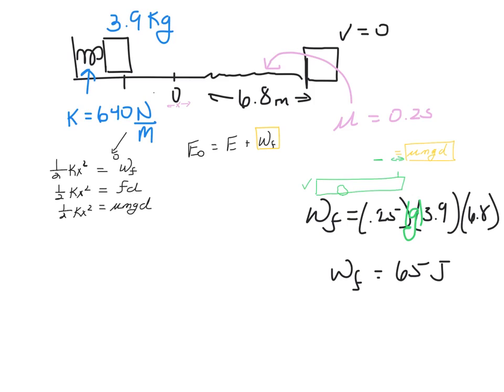We're going to skip part B, and let's move over to solving for part C, which is that x, that compression distance. So we're just going to manipulate over here for x. So mu mg d stays on that side. We're going to multiply both sides by 2.